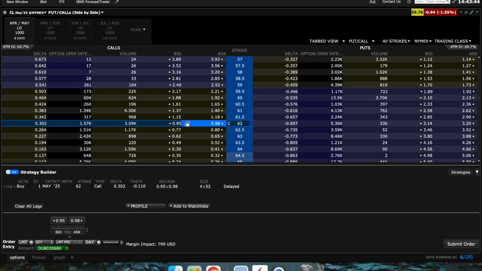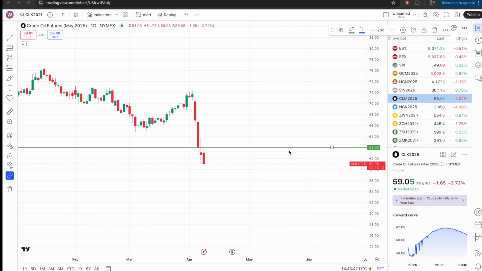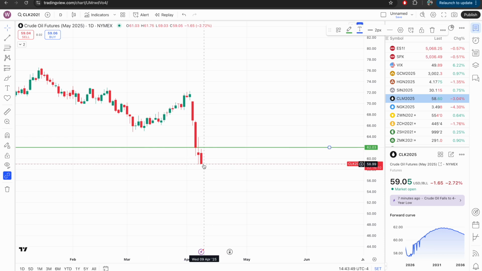So within 8 days, the price has to go up to 62 for crude oil on this contract, which is May, for the futures. And if it doesn't go up, even if it's a cent away within 8 days, or after the 8-day period, which is the expiration, then you lose all the premium that you paid for the option, which is $830. Right? So if the price stays the same, you lose.